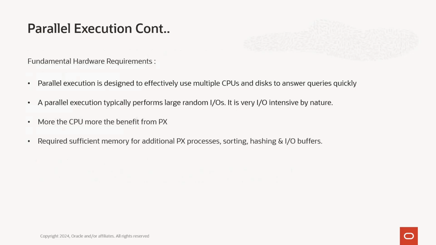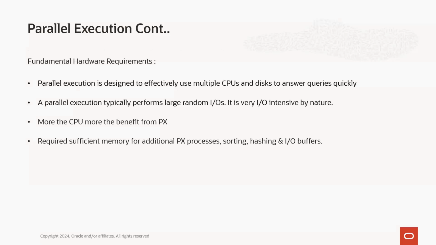Now the fundamental hardware requirements of parallel execution. It's designed to effectively use multiple CPUs and disks to answer queries quickly. Parallel execution typically performs large random IOs. It is very IO intensive by nature.